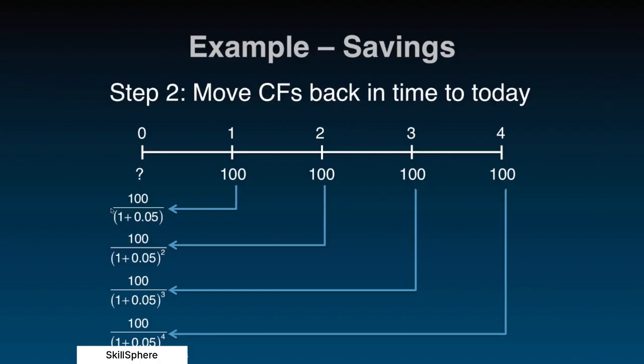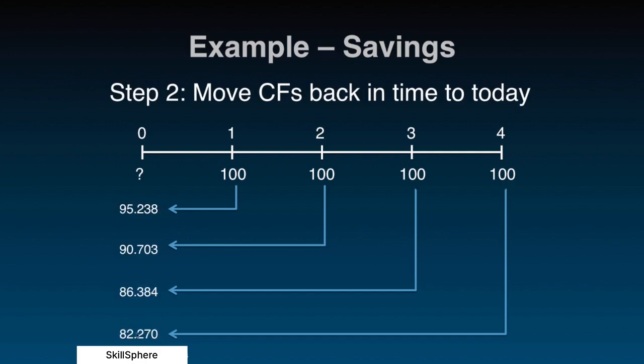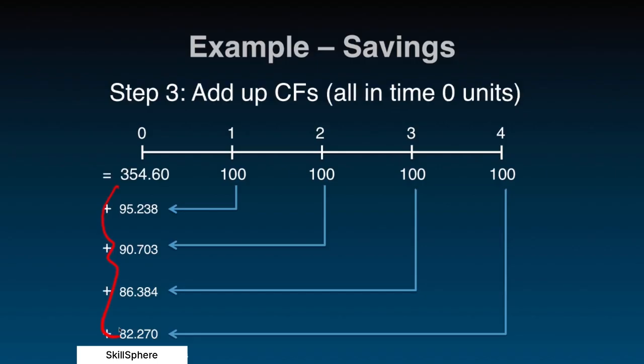And since we've assumed a 5% discount rate, or a 5% rate of return on our investment, that's our R. And you'll notice I'm dividing each one by the discount factor raised to the appropriate power. We can do a little arithmetic, and now I can add all of these numbers. They're all in the same time units to answer the question.